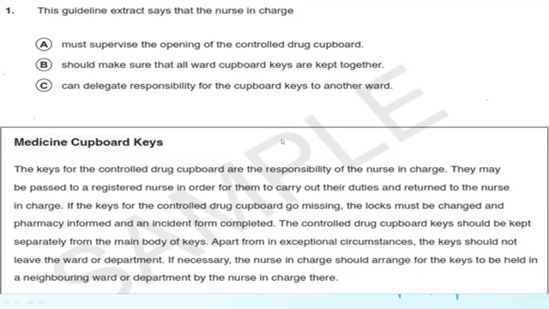Because sometimes we just remember that must and always are wrong, and I start with the last option, C. In the last paragraph it says, if necessary the nurse in charge should arrange for the key to be held in a neighboring ward or department, so the responsibility can be delegated to another department.